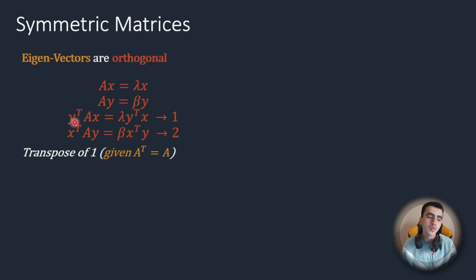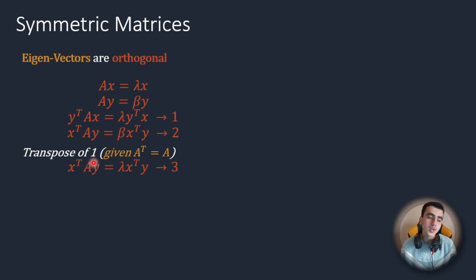So instead of y transpose A x, it will be x transpose A y, and the transpose will be applied after the swapping. And the same for the second side, y transpose x will be x transpose y, swapping also the transpose. So it will be here x transpose A y and x transpose y.